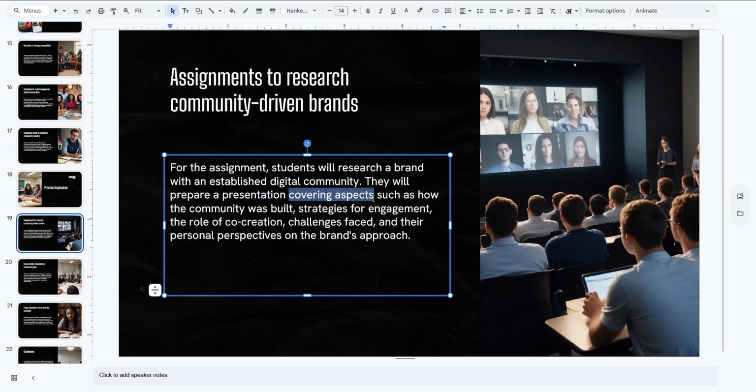Cover aspects such as how the community was built, strategies for engagement, what strategies they are taking, how they are engaging the viewers, the role of co-creation, how they are incorporating the feedback into the product or the service, challenges faced, and your perspective on the brand's approach.